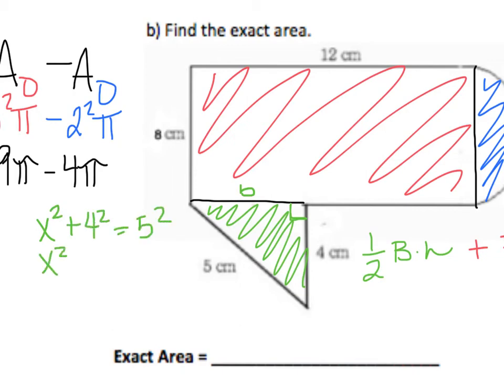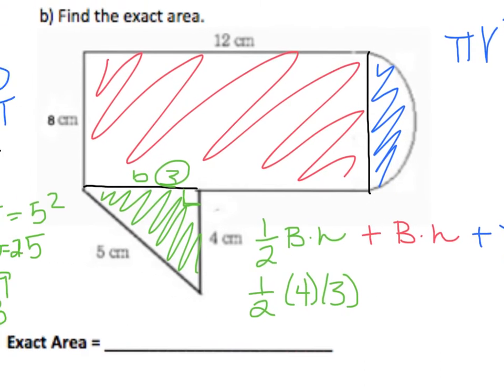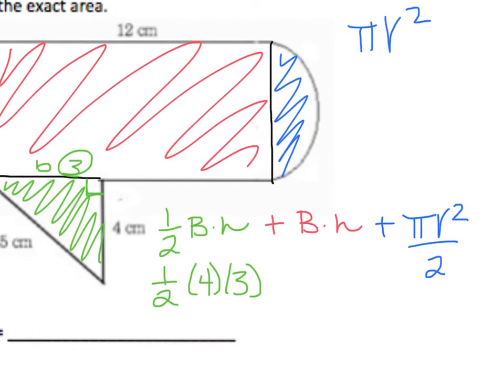So if I just continue to solve that, that missing side is going to equal 3. So substituting that into the formula for area, 1/2 the base, which you could say is 4, and the height is 3. Okay. Now the rectangle, the base times the height, so that would be 8 times 12.